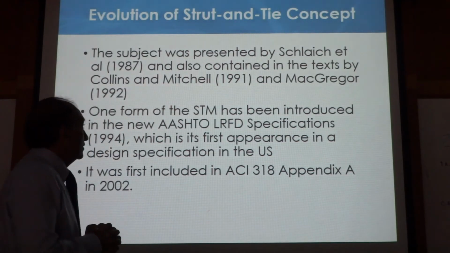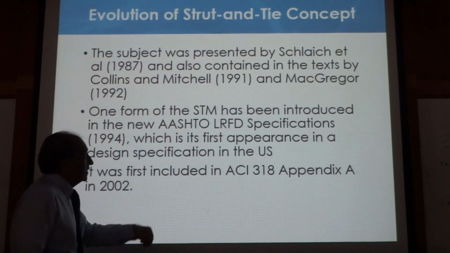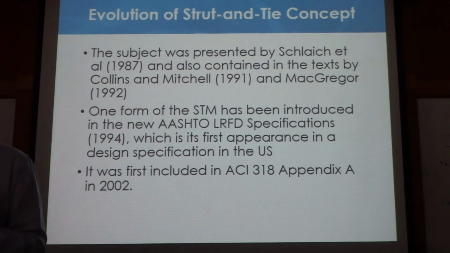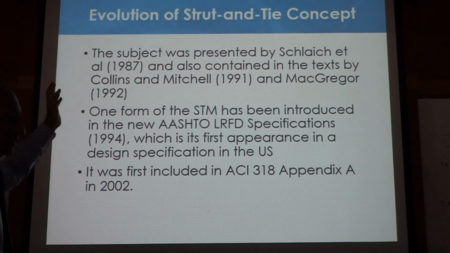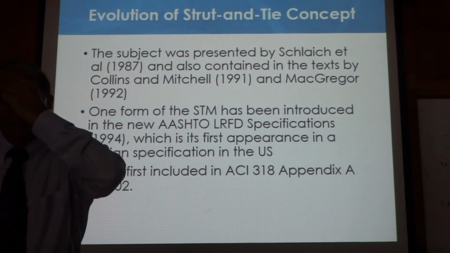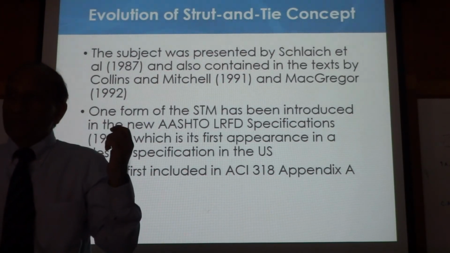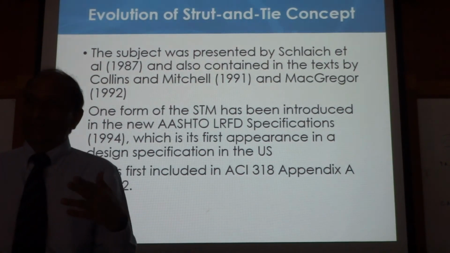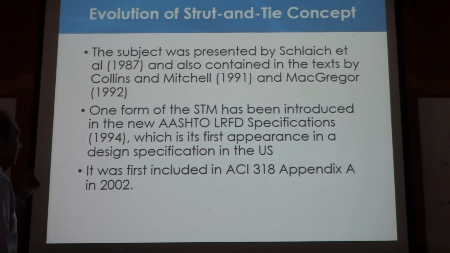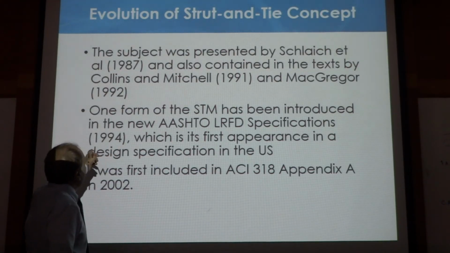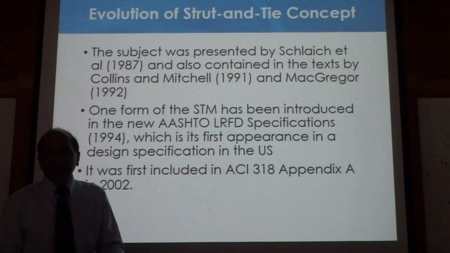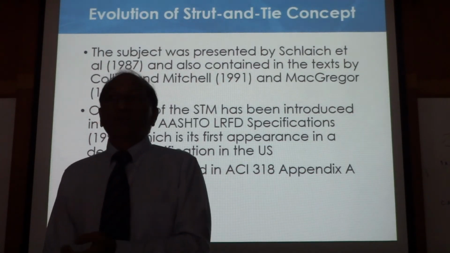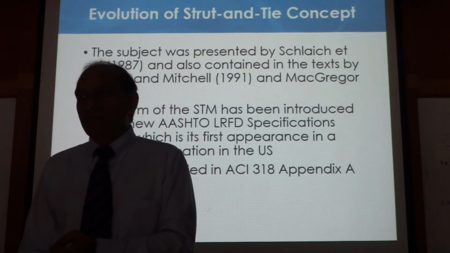Then later this person from Germany is the one who refound that paper and restarted this whole process again. Actually, the main guy who started this was Leonhard something, also from Germany. He had a very old book I saw somewhere, and he had presented this concept, but it was never adopted. ACI and AASHTO started to believe in this in '94 and '97, and now up to 2000 they started to believe it more. So the codes were the last ones to believe in it.